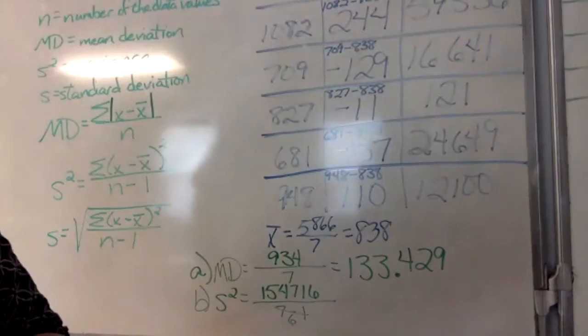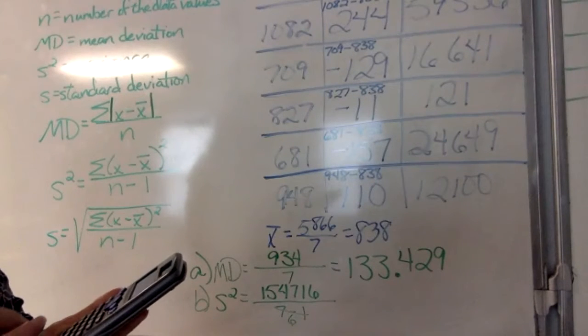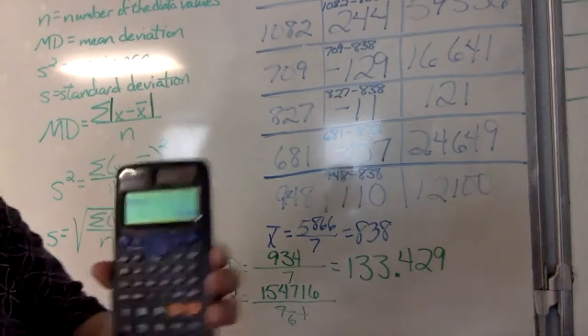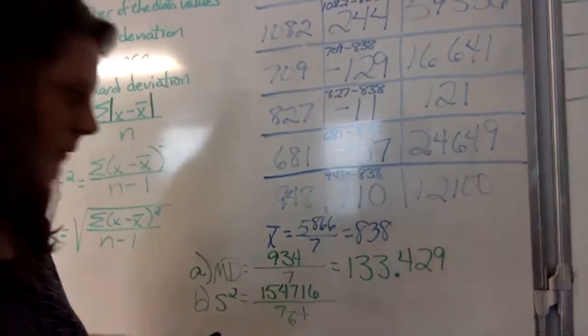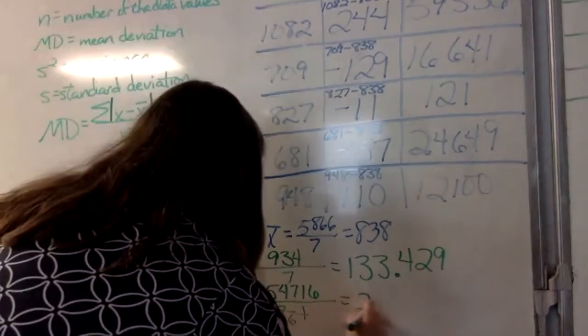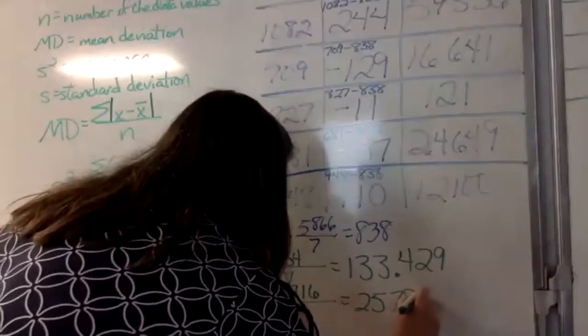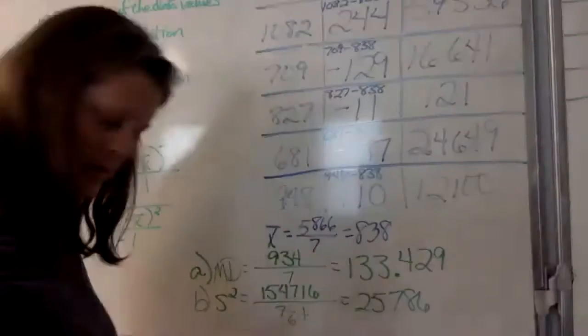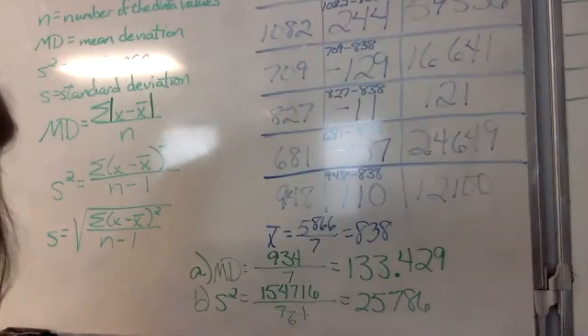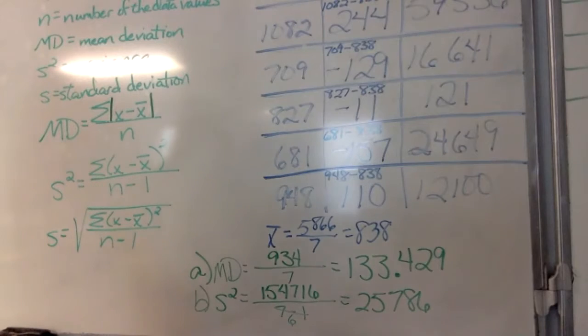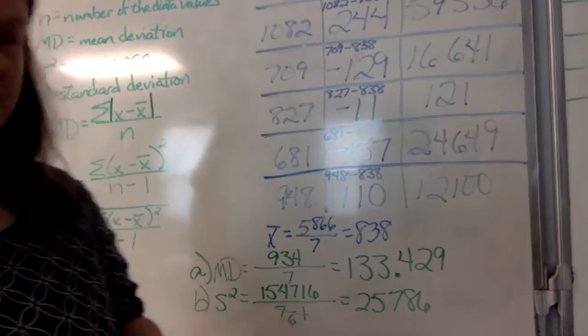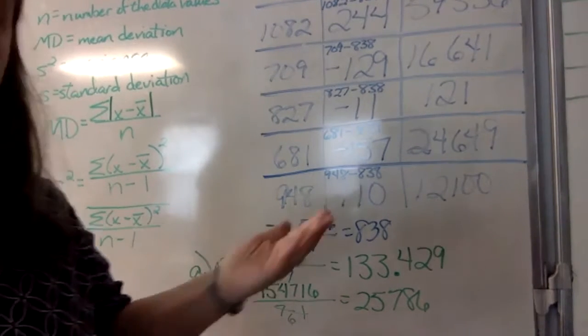So I have 154,716 divided by 6. And it comes out to a nice number, no decimal. So that is equal to 25,786. That is what they call the variance, 25,786.